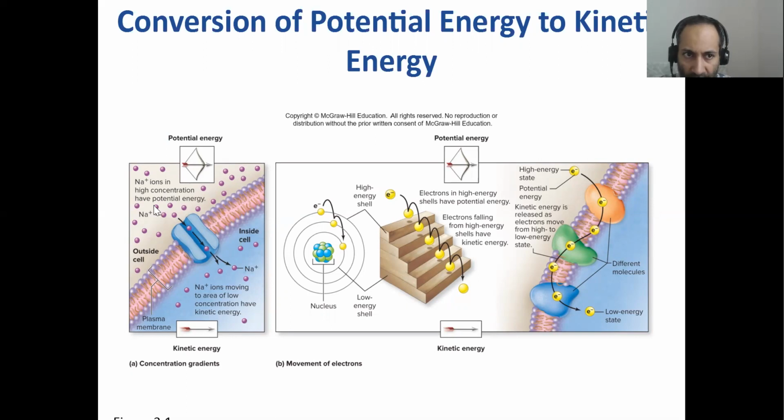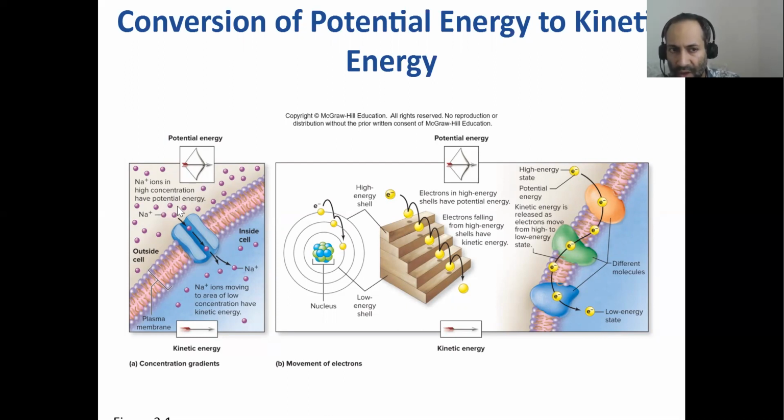So these sodium ions, you can see, there's a whole lot of them gathered up outside, right? Not so many of them inside. Sodium is mainly found in your extracellular fluid, which is outside of the cells here. So what happens when this channel opens up? See, they all start moving in, right? Why? Because there's a lot of potential energy, pent up energy, if you will, all over here.